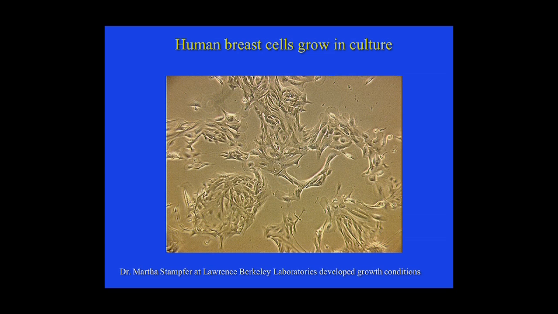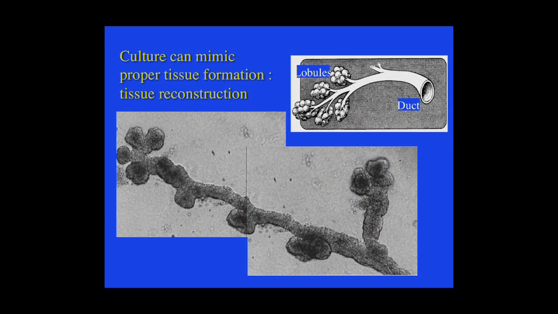And what I'm showing you here are some human breast cells growing in culture. These particular culture conditions were developed by Martha Stanford across the bay, but growing these cells in culture and seeing how they respond to these agents that I've been telling you about gives us insights in terms of what's happening. So I told you that in culture you can mimic proper tissue formation.